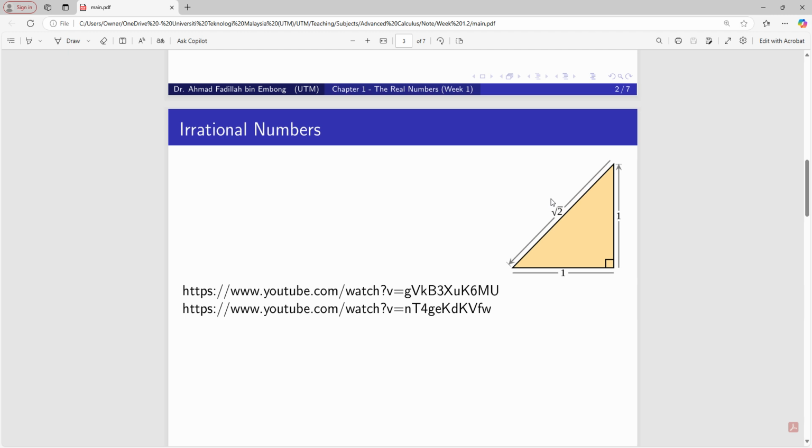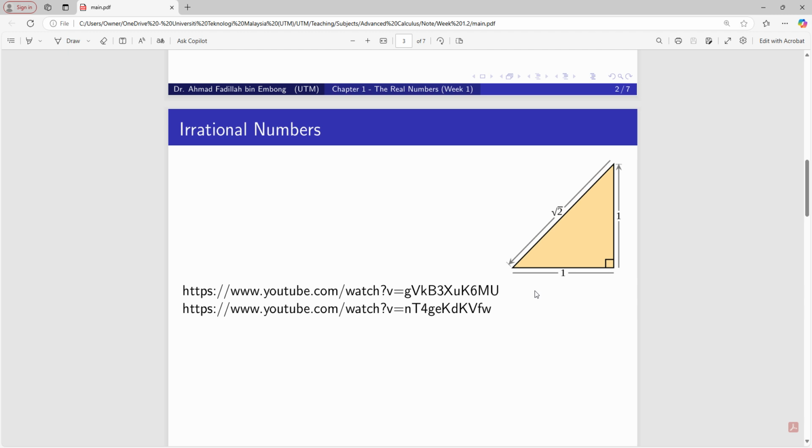The problem comes from this very simple triangle, in which this side and this side are equal to 1. Based on the Pythagoras theorem, when this side is 1 and this side is 1, we have 1 squared plus 1 squared equal to 2.